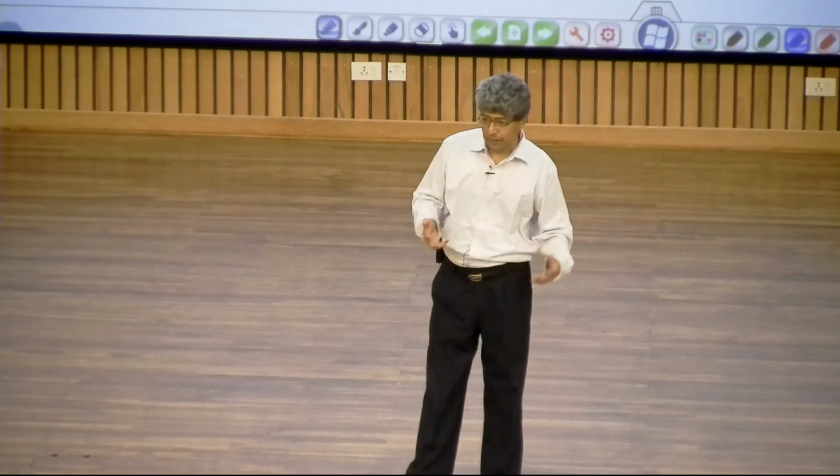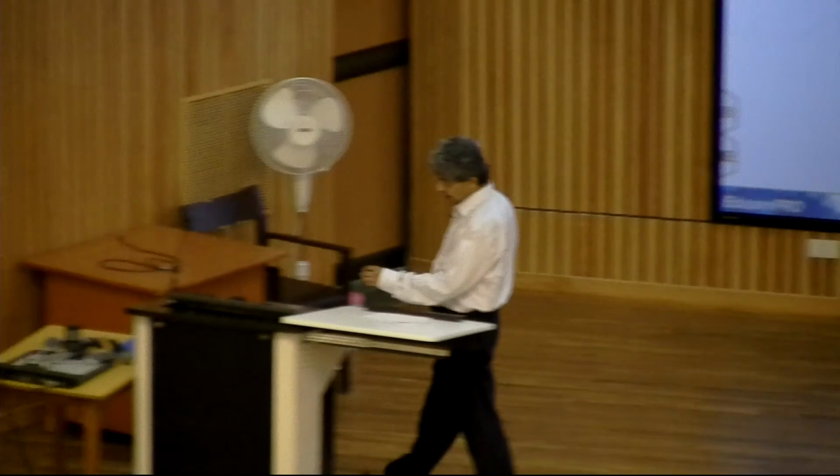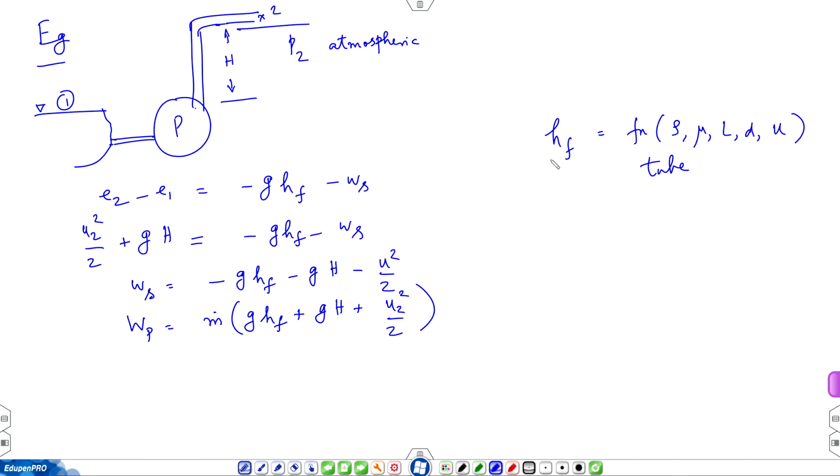So, the tube becomes a very important part of our everyday life. So, this function that I have written here, hf as a function of rho, mu, L, D and U, has been studied in the literature theoretically as well as through experiments, and the data is available in handbooks.